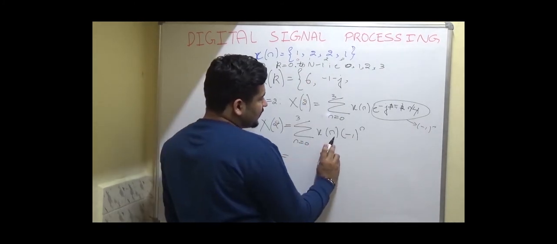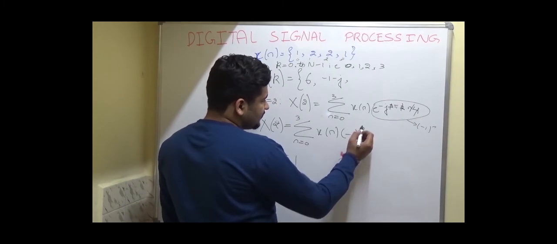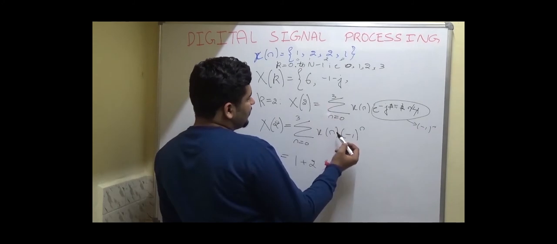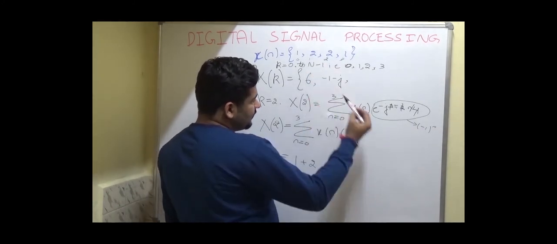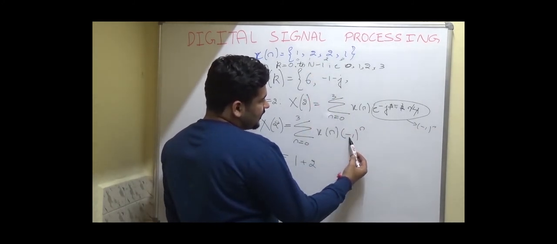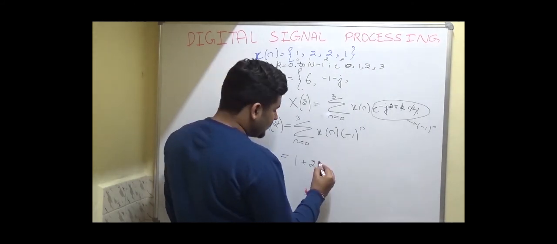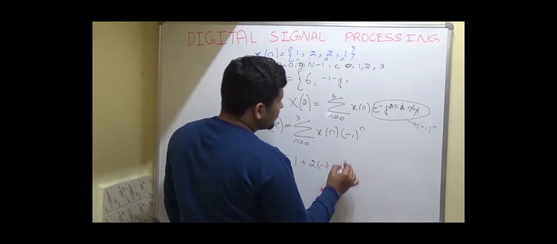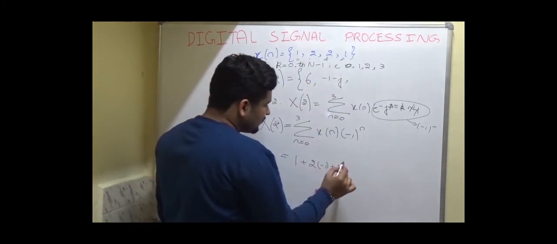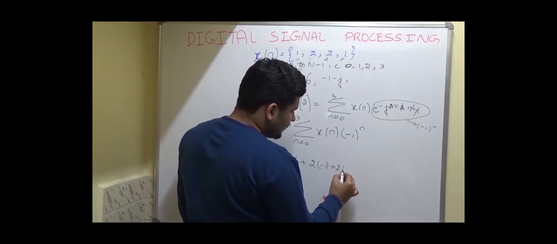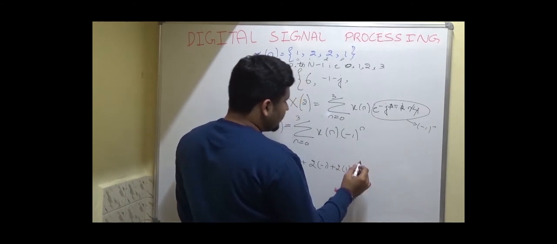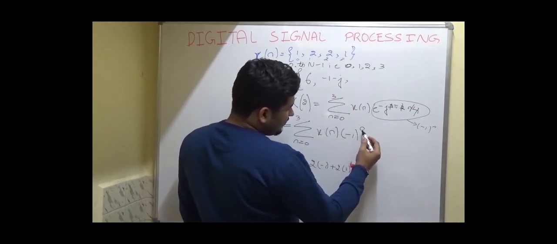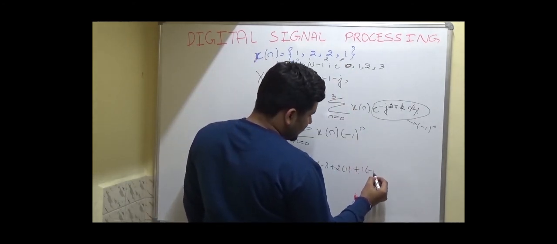When n is 0, x of 0 is 1, minus 1 raised to the power 0 is 1, plus 2 multiplied by, when the value of n is 1, minus 1 raised to the power 1 is minus 1, plus 2, that is x of 2 is 2 only, so therefore I write 2, minus 1 square is plus 1, plus 1, 1 is there at the place of x of 3, so when I place 3 in the place of n, I will be getting it as minus 1.